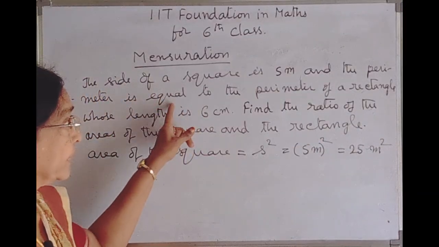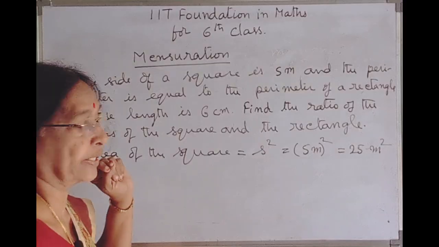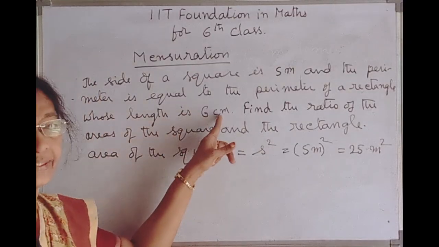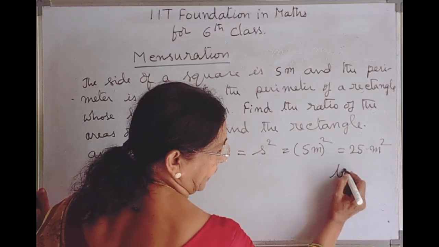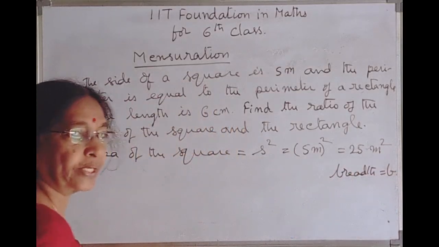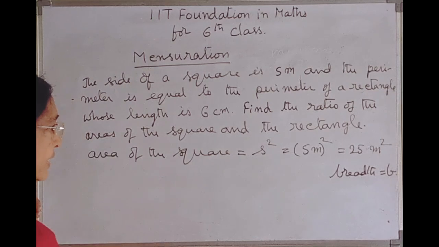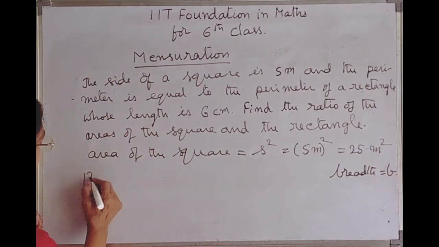Next, the perimeter of the square is equal to the perimeter of a rectangle whose length is 6 centimeters and the breadth is not given. So let the breadth of the rectangle be B, length is L. Therefore, the perimeters are equal.